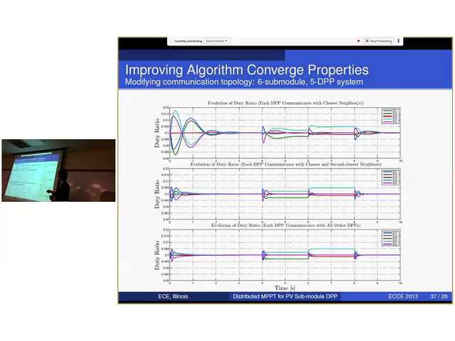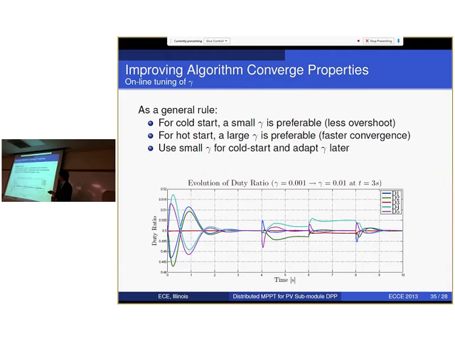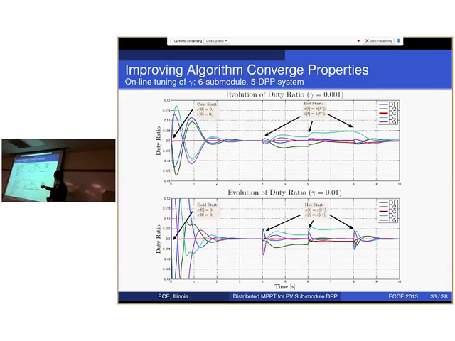But what we can do is adaptively tune the parameter gamma and potentially even this delta. In this example, if we always use a large gamma, then we are going to have a huge overshoot as shown here. But if we always use a small gamma, it's going to have a really slow convergence.